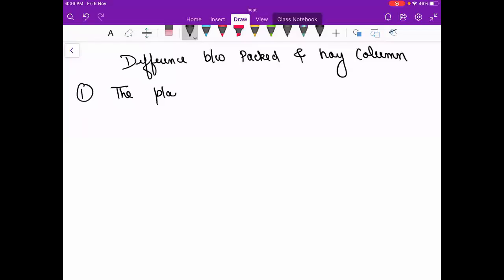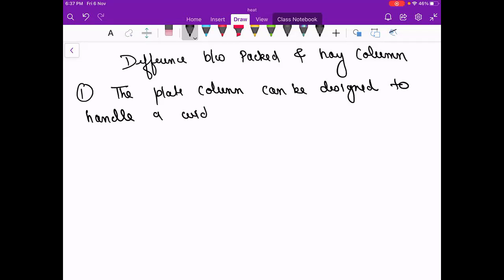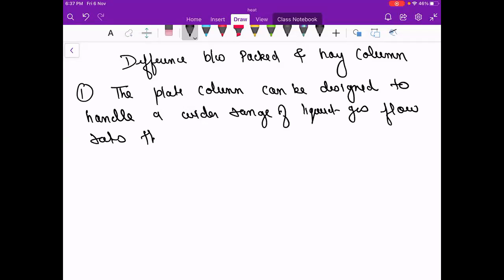The plate column can be designed to handle a wider range of liquid and gas flow rates than the packed column.